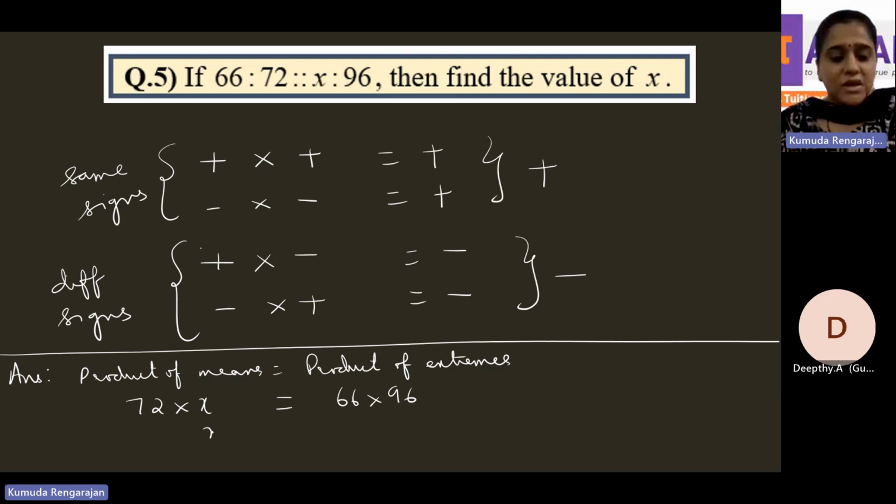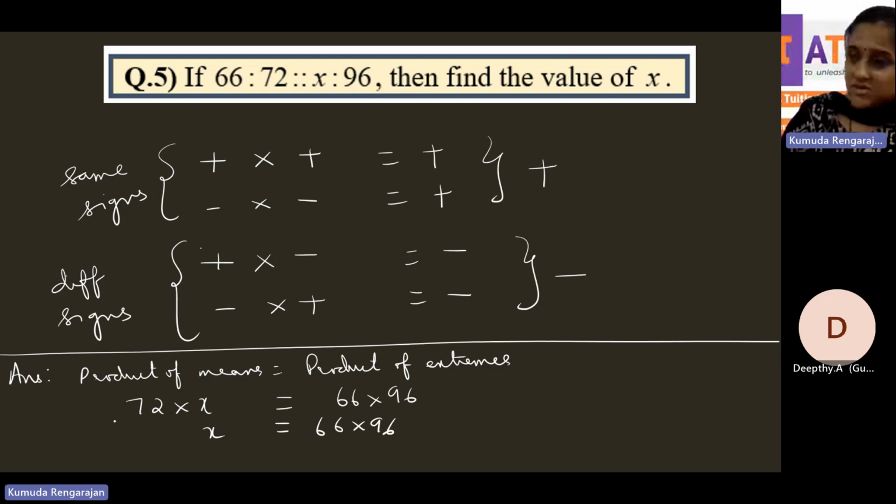Now you want to find the value of x, but who's along with x? 72. You don't want 72 with x. You want to take 72 to the other side. There is somebody already on the other side. Write them first. x is equal to 66 into 96. Then the 72 is in multiplication, so it will go for division to the other side, divided by 72.